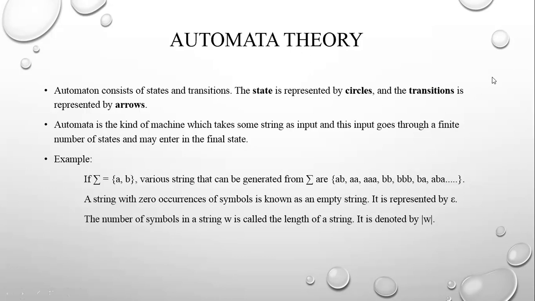The length of a string is denoted by modulus of w. Let us take the string ab. AB is the string, and the length of the string is 2.